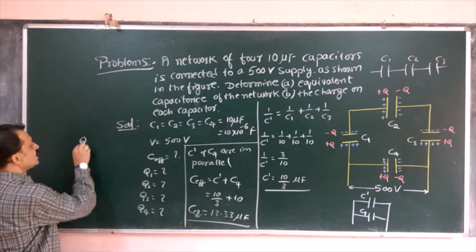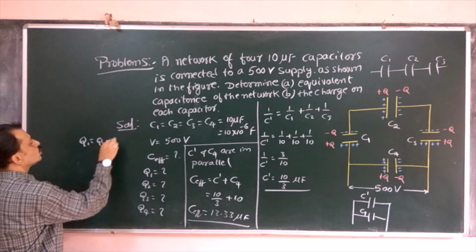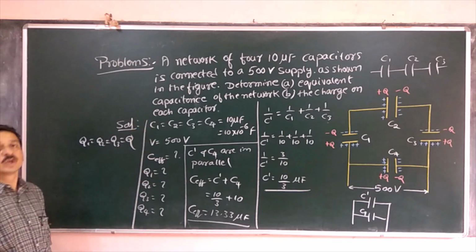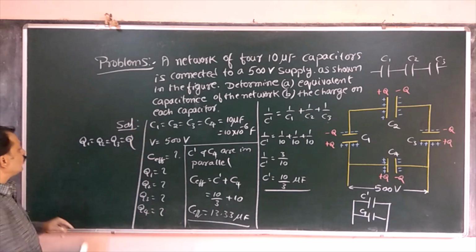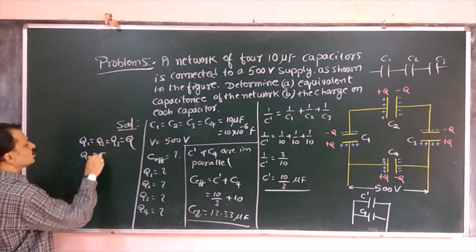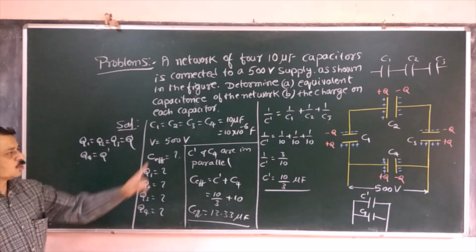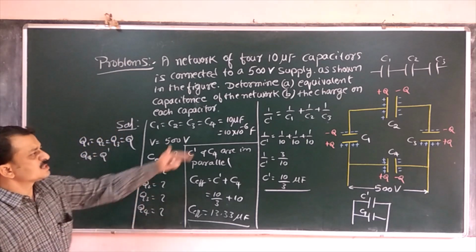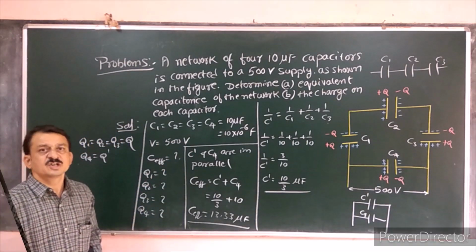Therefore, let me write Q1 is equal to Q2 is equal to Q3 is equal to some charge Q. And let us take the charge on the fourth capacitor as Q dash. Now I have to work out the charge stored on each capacitor.